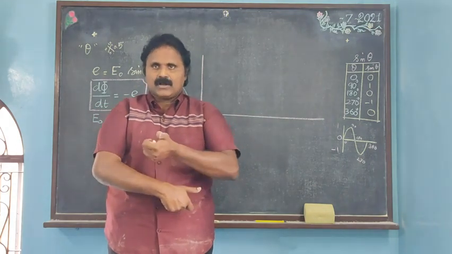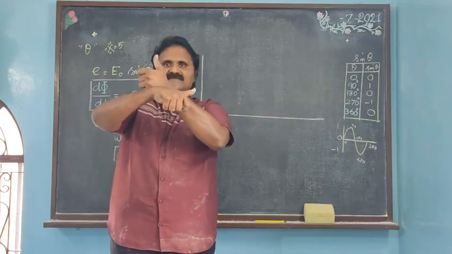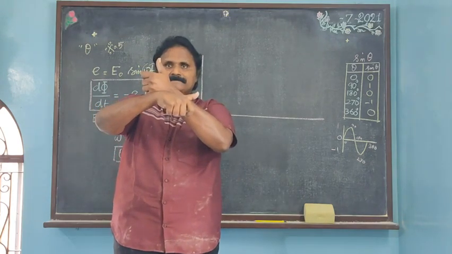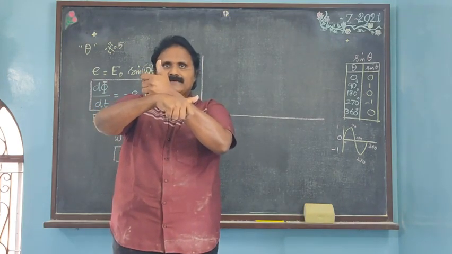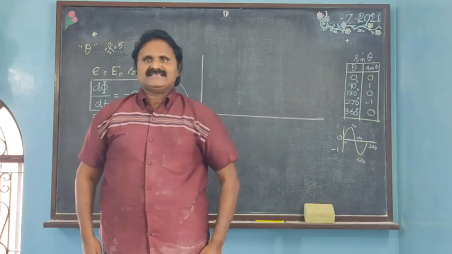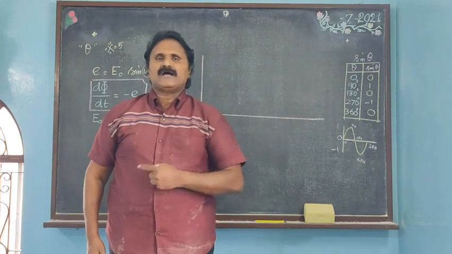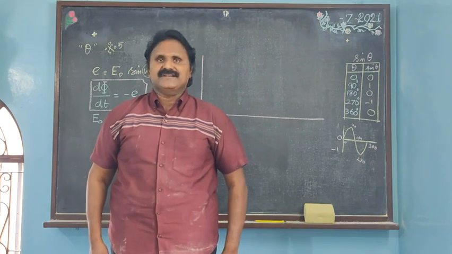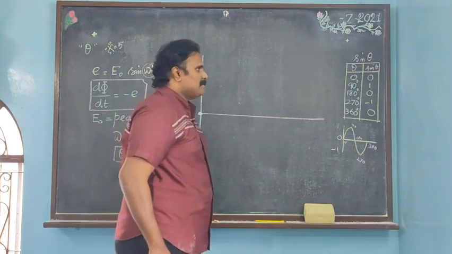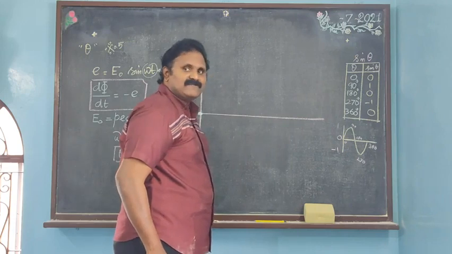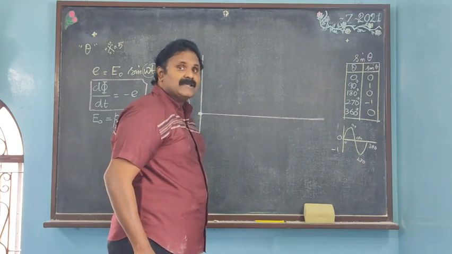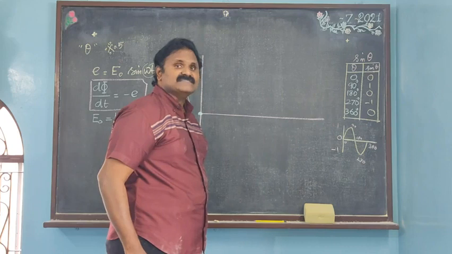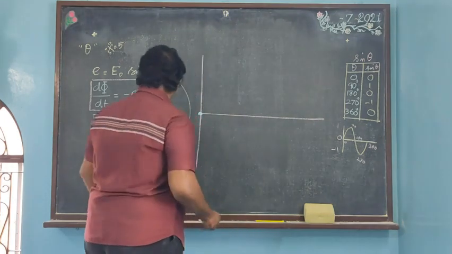My normal to the coil is going to be like this. Now the angle is going to be 90 degree. Are you understanding what I am saying here? So, if the coil lies parallel to the applied magnetic field, it makes an angle 90 degree. If the coil lies perpendicular to the applied magnetic field, it actually implies an angle theta is equal to 0. Try to understand this. Right.